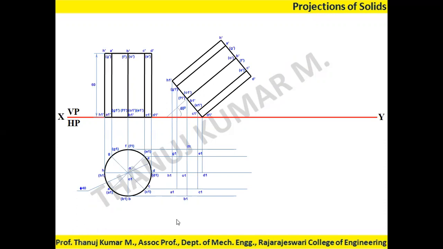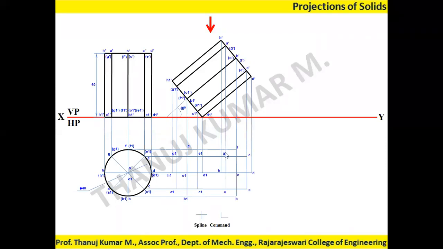If you see the location of the points and the earlier cylinder, it is like an ellipse. So here we need to use French curves or smooth lines to draw. I'll explain after drawing this particular process also. So project the projectors from the top face and once again locate the points this way.